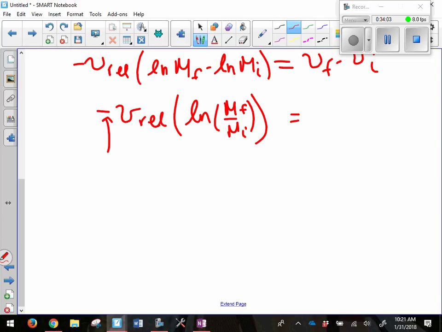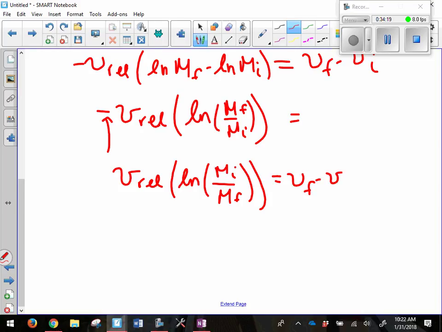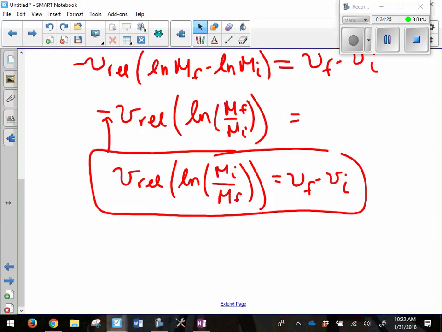What about that negative sign? So that means I can flip my fraction, right? Flip this fraction because that negative sign in front, I can make it the exponent of whatever I'm taking the log of.